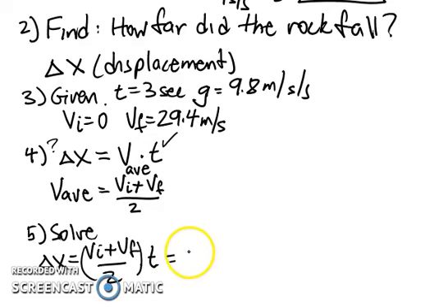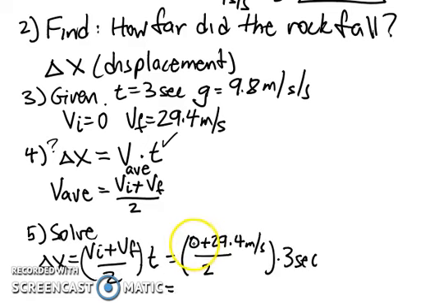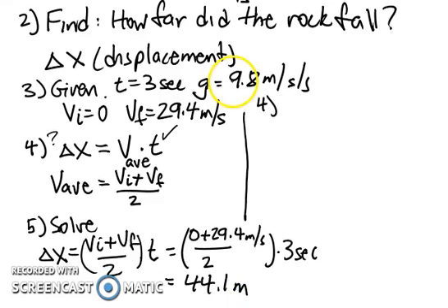Let's go ahead and put all those numbers in place. So we have 0 meters per second, our initial velocity, plus 29.4 meters per second, our final velocity, divided by 2 to get the average, times 3 seconds, and we get 44.1 meters.